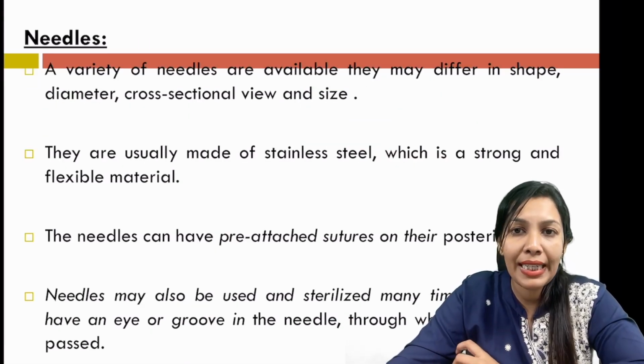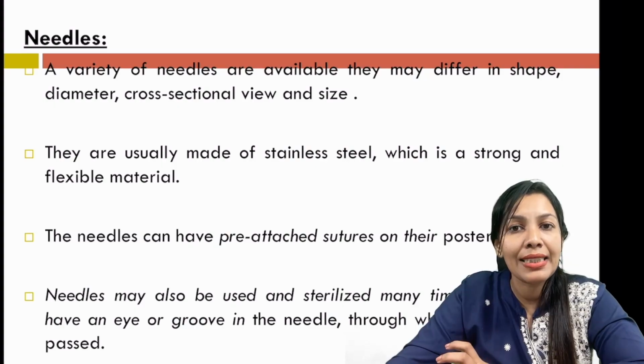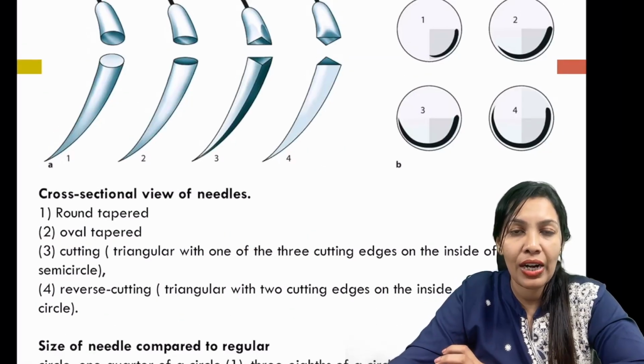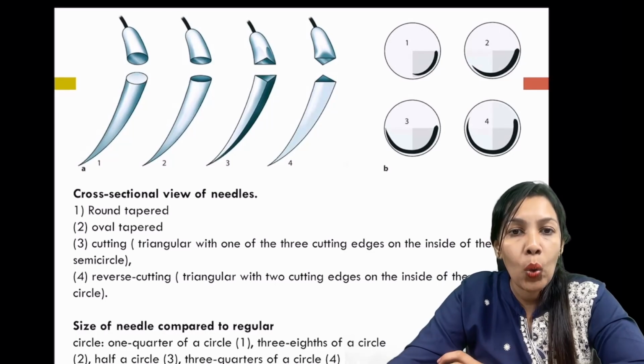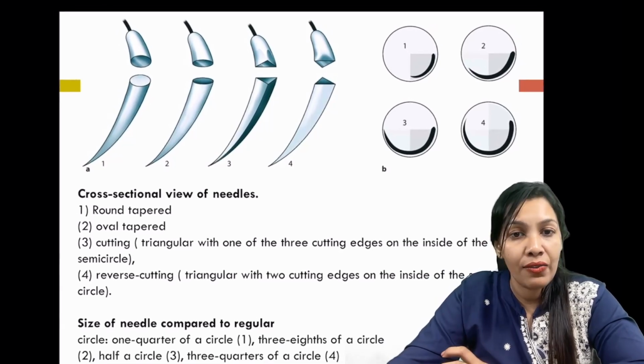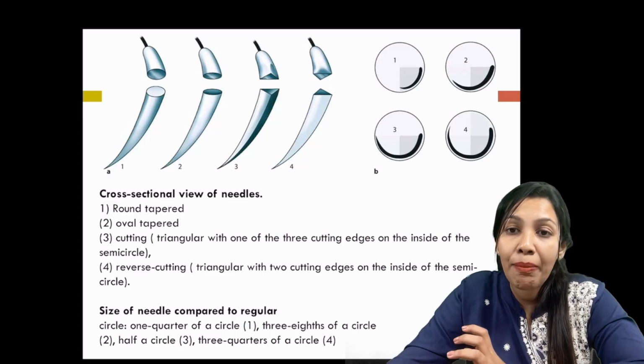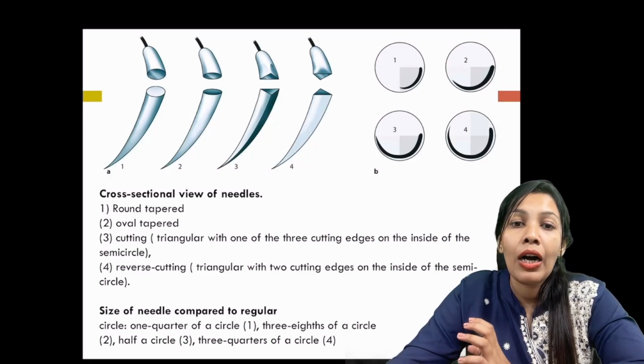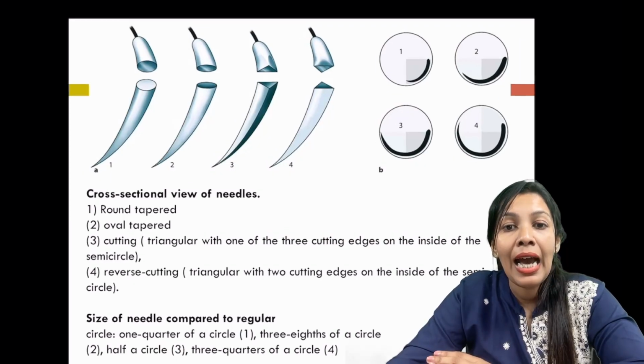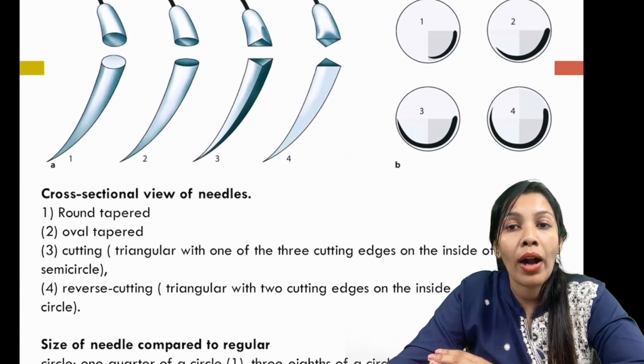Coming to the needles, needles are of various sizes, shapes, cross sections, etc. You can see it is round, oval, cutting, and also reverse cutting. The size of the needle compared to a circle consists of 3/8 of a circle, half of a circle, and 3/4 of a circle.